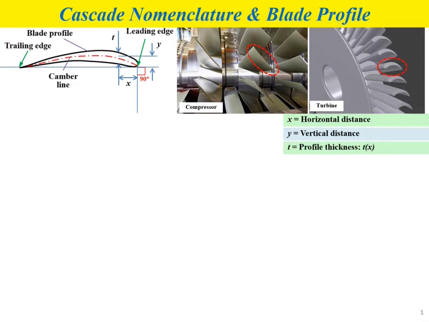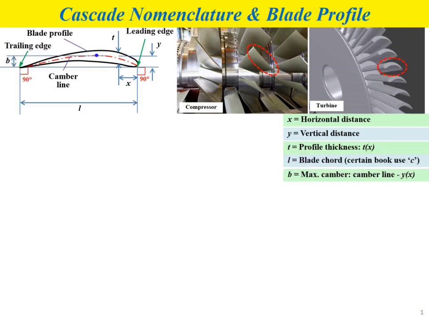T is a function of x, which means at a certain distance x, we will have a different value of profile thickness T. We can measure the value of T by measuring the vertical distance from the lower surface of the blade profile up to the upper surface of the blade profile at a certain x distance.